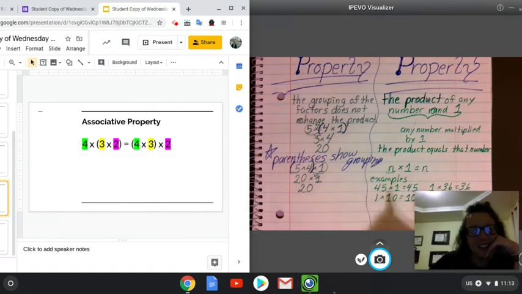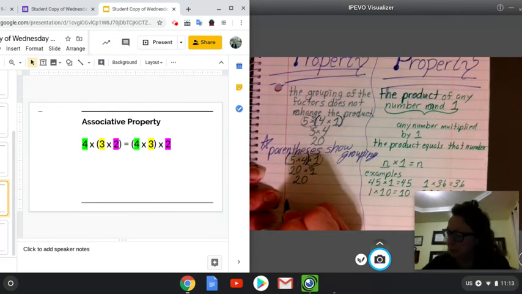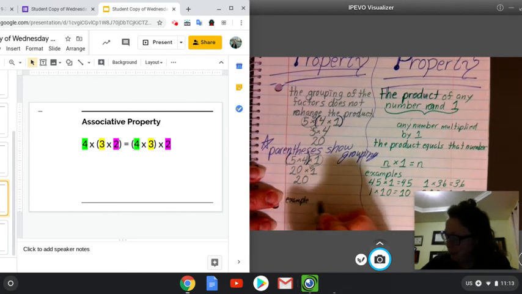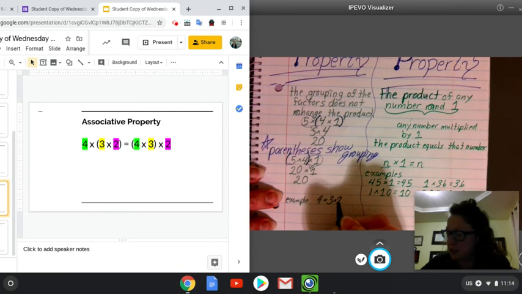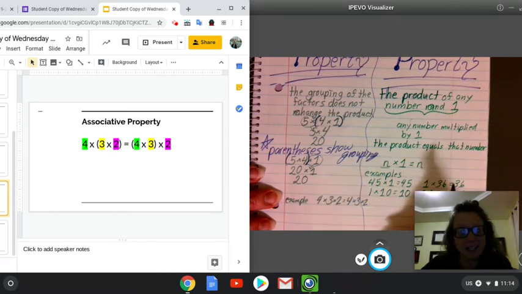All right, so let's look at this. This is showing the associative property. So let's write our example, and it tells us our 3 numbers are 4, 3, and 2. And I can see that because there is a 4, a 3, and a 2 on each side.